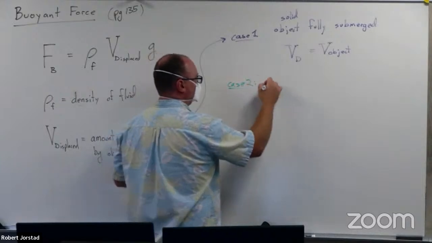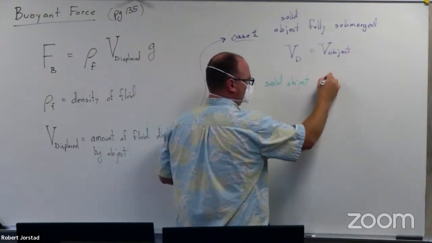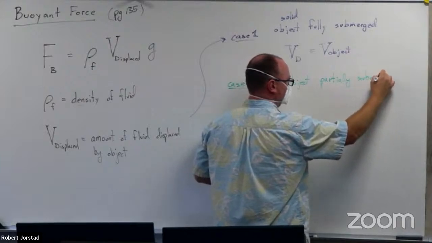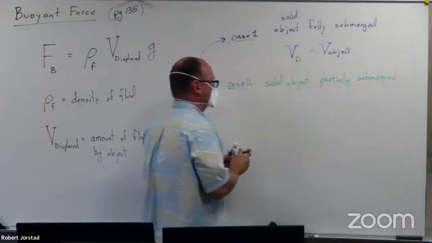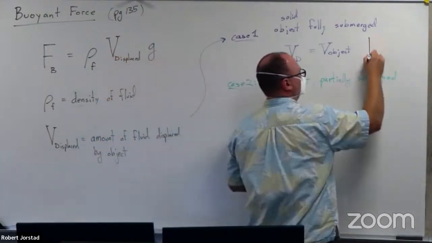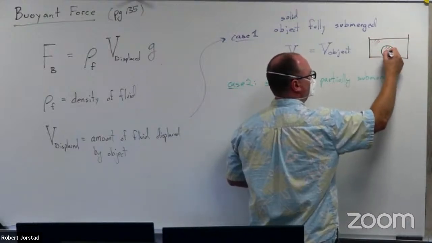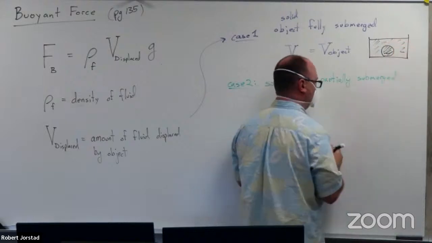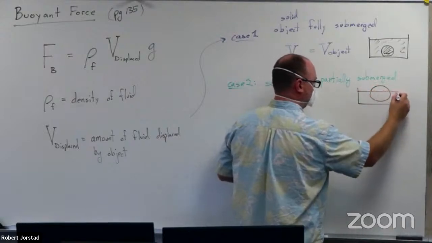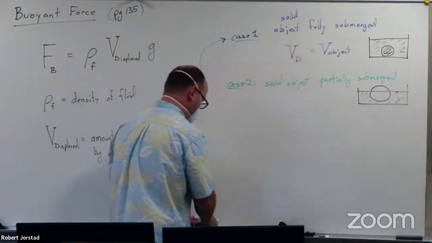Case 2. Solid object partially submerged. So as an example of that, maybe I'll draw a picture here. The object's completely under the fluid level, whereas in this case, the object is only partially submerged, right?